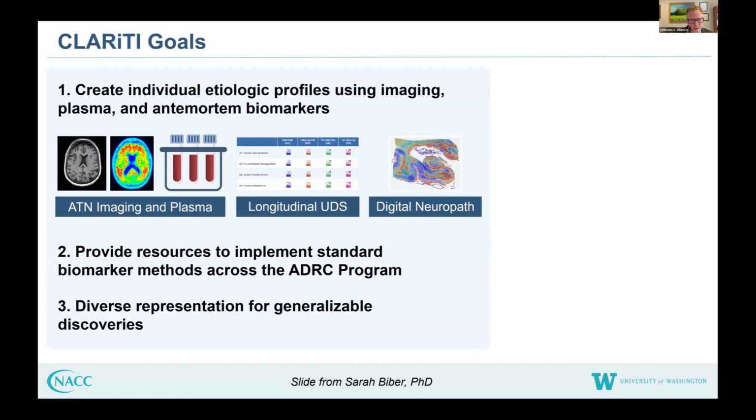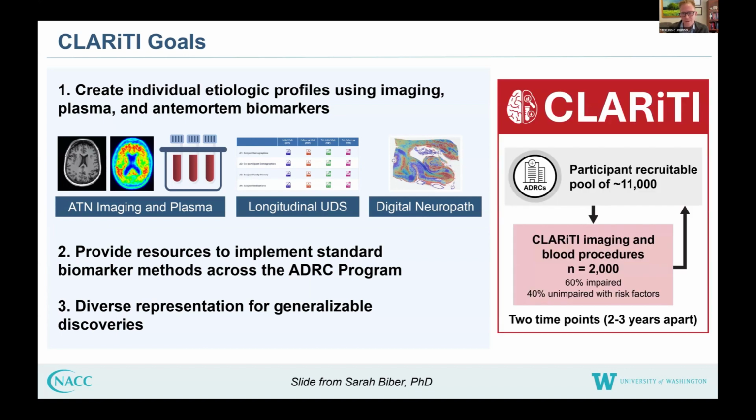And throughout all of this, we want to be thinking about diversity and generalizability of our results right from the get-go. Our overall goal, as you all know, is roughly 2,000 participants from the ADRC system. We think there's a recruitable pool of well over 11,000, and we just need 2,000 of those for this project.